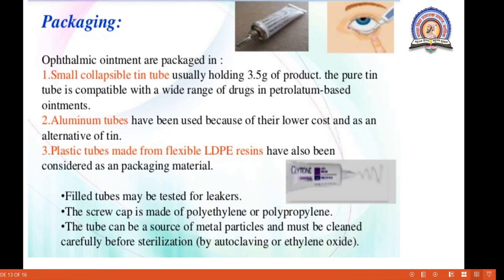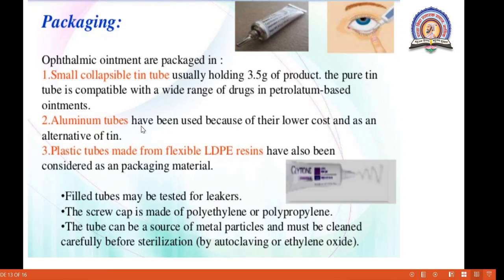So how is the packaging done? These are the eye ointments, packed in this way. Ophthalmic ointments are prepared in small collapsible tin tubes, usually holding 3.5 grams of product. The pure tin tube is compatible with a wide range of drugs in petrolatum based ointment.